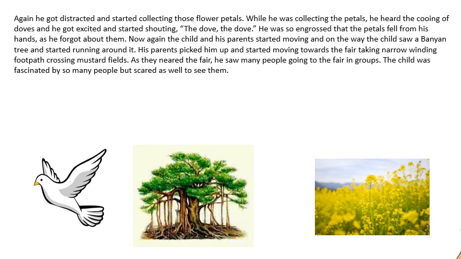Now, again the child and his parents started moving. On the way, the child saw a banyan tree and started running around it. His parents picked him up and started moving towards the fair, taking a narrow winding footpath crossing mustard fields.